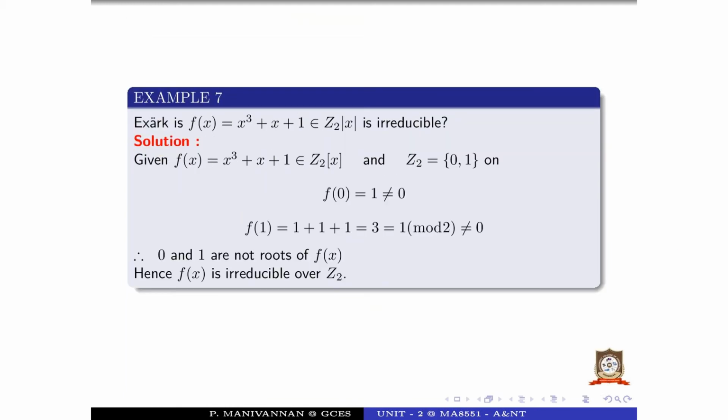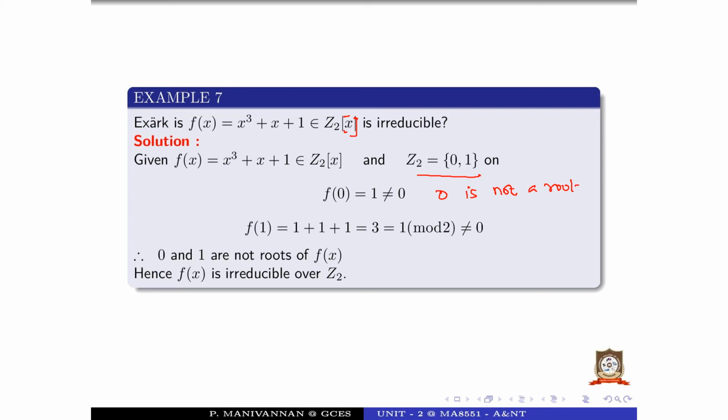The next example. Examine whether f of x equal to x cube plus x plus 1 belongs to Z2 of x is reducible or not. Given it is Z2, so 0 and 1. Put x equal to 0, we get 1. It is not equal to 0. Therefore, 0 is not a root.